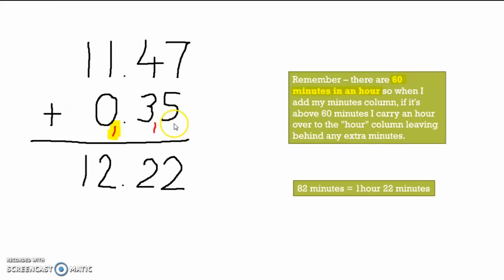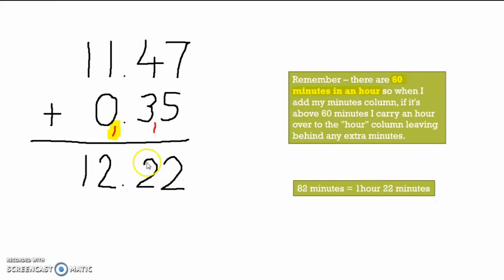So let's look at this. 5 plus 7 is 12, put down my 2, carry my 1. 1 plus 3 is 4, 4 plus 4 is 8. So that would give me 82 minutes. 82 minutes is above an hour. 82 minutes is 1 hour and 22 minutes.